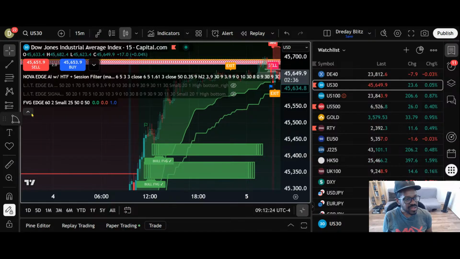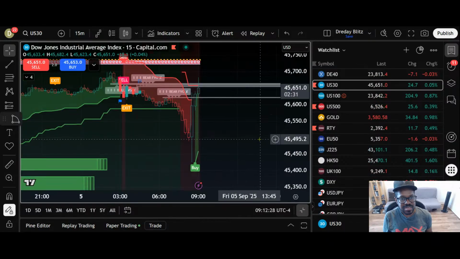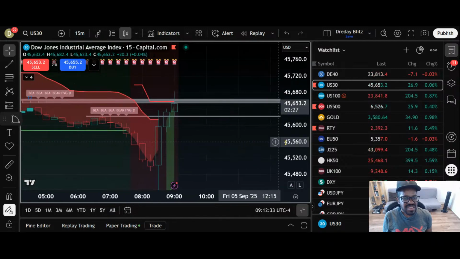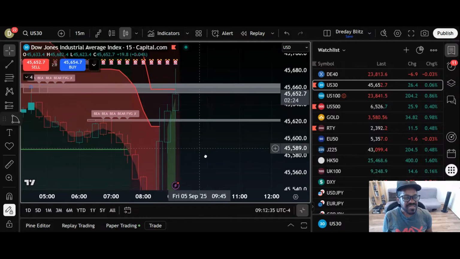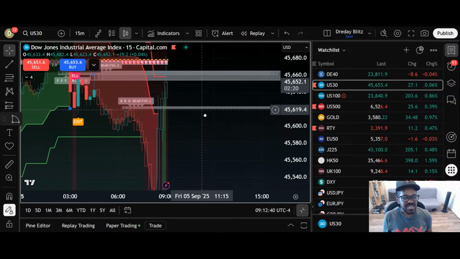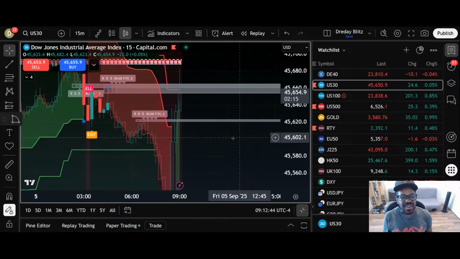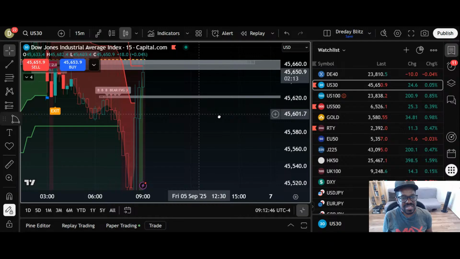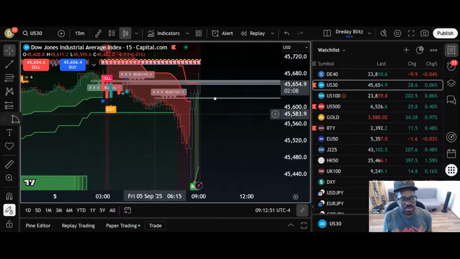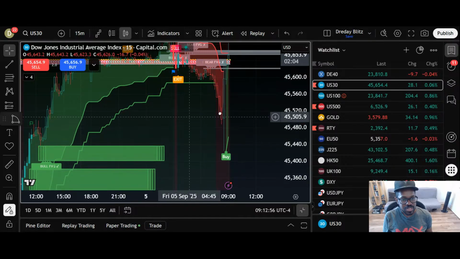So if I close this, open those fair value gaps, now those bullish fair value gap, bearish fair value gap are currently invalidated here because it broke up towards those, and it went to that bullish fair value gap here.